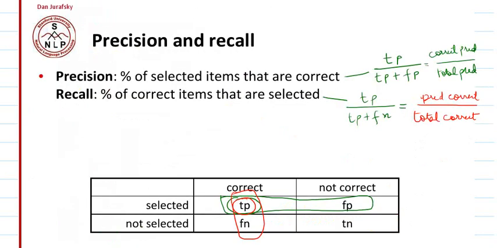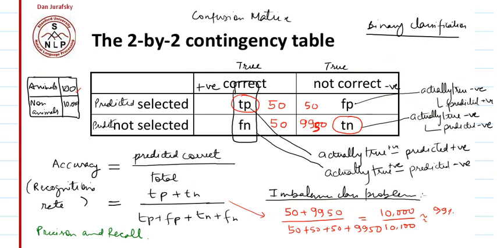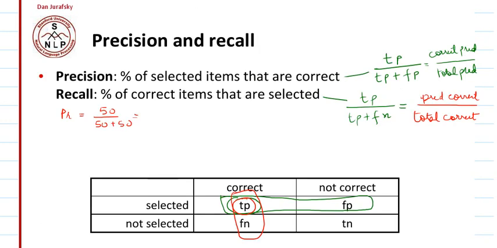So the precision for our example is 50 divided by 50 plus 50, that is 0.5 or 50%. Precision is 50%.